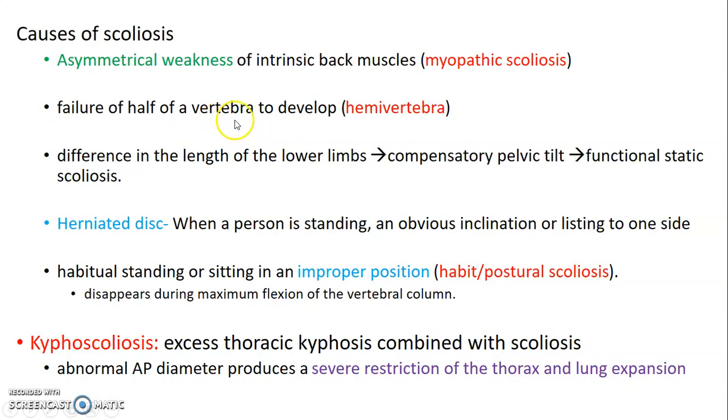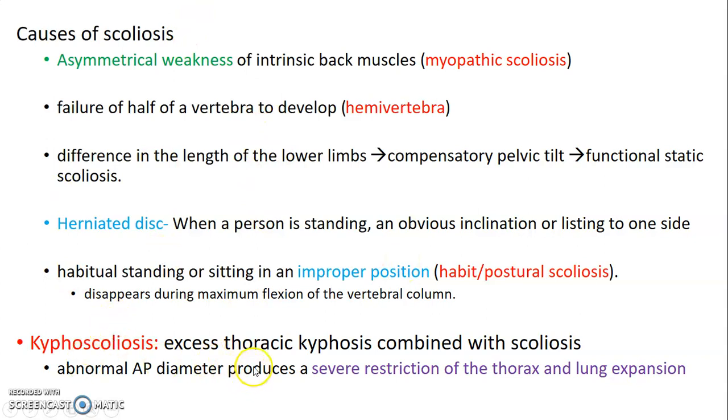So what causes scoliosis? It could be a hemivertebra, where half of the vertebra did not develop, or your muscles are weak, or they have asymmetry, or differences in the length of the lower limb, herniation of the discs, or improper standing position, improper posture. So all these things cause scoliosis.